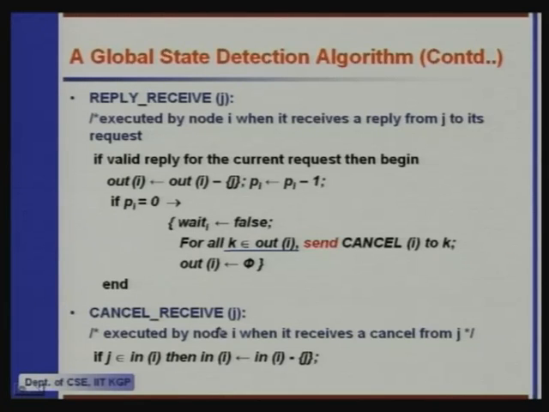And what does a node do when it receives a cancel message? It simply removes the sender from the inward dependencies, because it knows that it does not depend on me anymore. Now, this defines the protocol by which resources are accessed. So, how are the resources accessed?